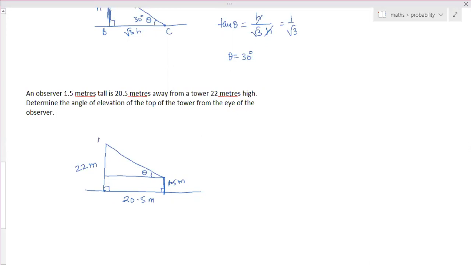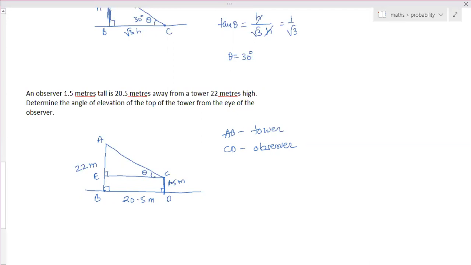So you can name AB as the tower, CD as the observer, and take this point as E. This is perpendicular because these lines are parallel. So this is 90, then this is also 90.